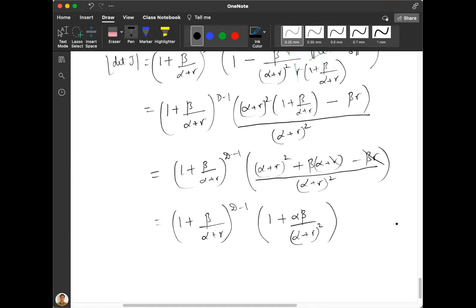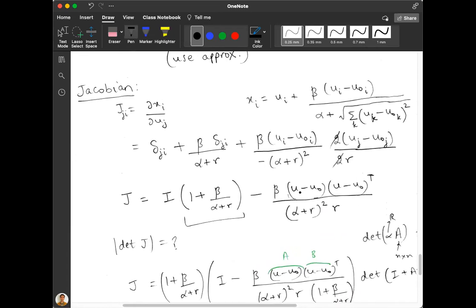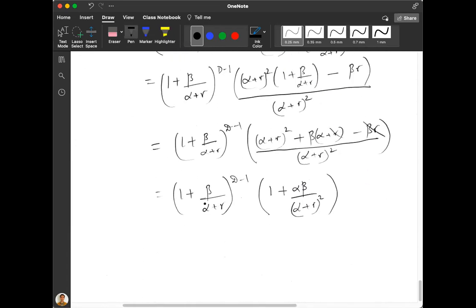Very simple form, right? Imagine we started from something apparently very complicated, but we finally are able to derive something very simple. You can compute the complexity. Let's say if you want to compute the value of the determinant of the Jacobian, what is the complexity? It is O(D), right?